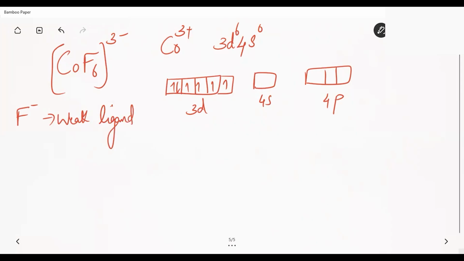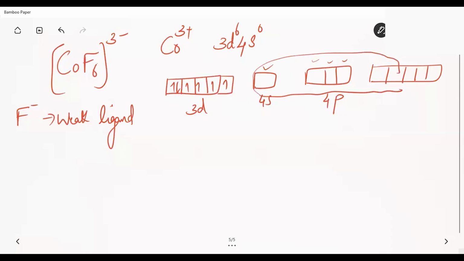So what will happen, guys? No pairing takes place. How many fluorine ligands are coming? Six, right, but there are only 4 free orbitals here, so we have to take the outer d orbitals, 4d. Then these 6 orbitals will undergo hybridization. Fluorine F- can come and accommodate in these orbitals: one s, three p, and two d.